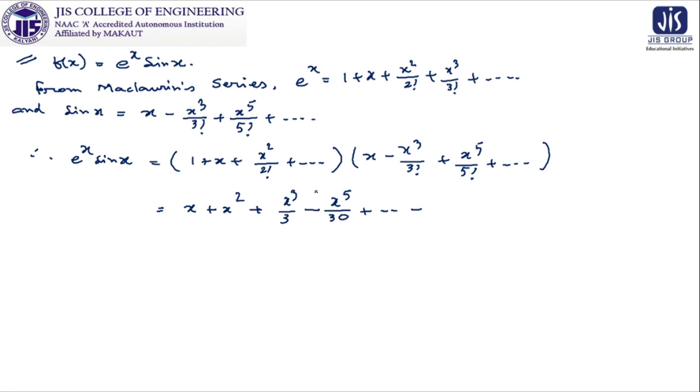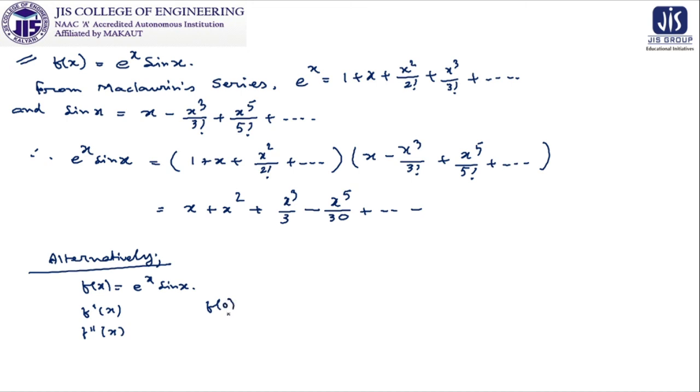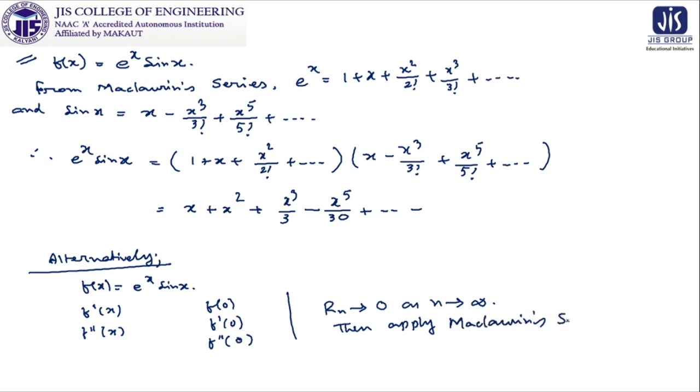We can also find it alternatively by taking the function f(x) equal to e to the power x sin x, then f dash x, f double dash x, f(0), f dash 0, f double dash 0, then showing Rn tends to 0 as n tends to infinity, and then applying the Maclaurin series directly.